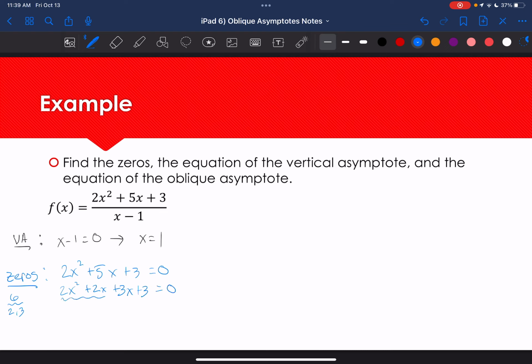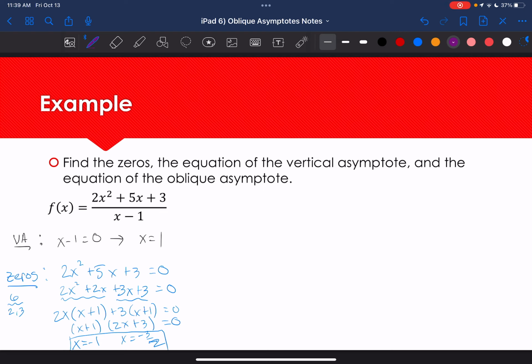In the first two, I can take out a 2x, leaving x plus 1. Here I can take out a 3, leaving x plus 1. So that's x plus 1 times 2x plus 3, which gives me x equals negative 1 and x equals negative 3/2. So those are my zeros.